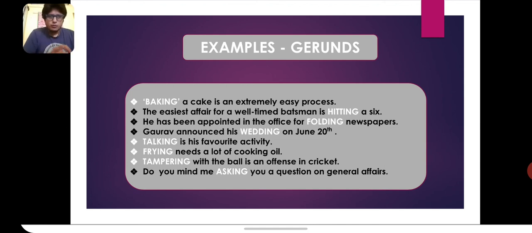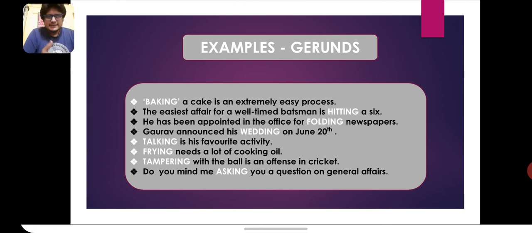Here, folding. What do you think? What do you believe folding is in this? Folding newspapers. You're doing something to the newspapers. What could it be? Here it is an adjective. The fourth example: God have announced his wedding on June 20th. All right. So wedding here is a noun. How do you differentiate?